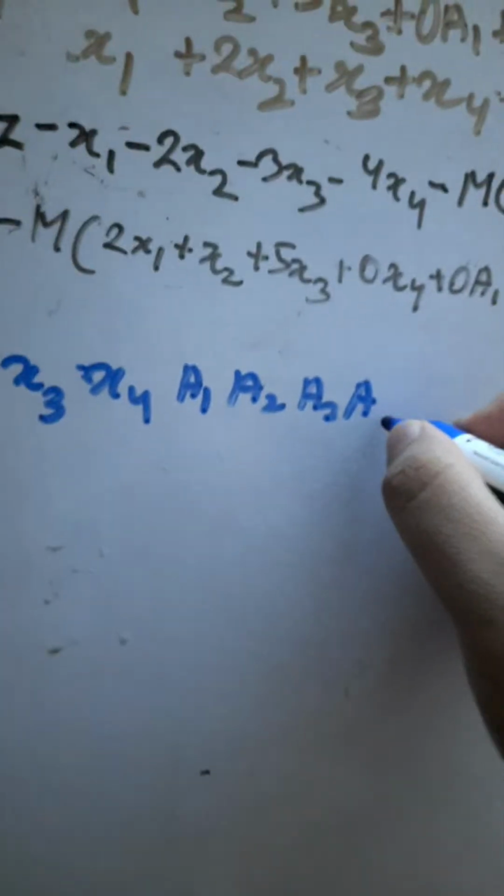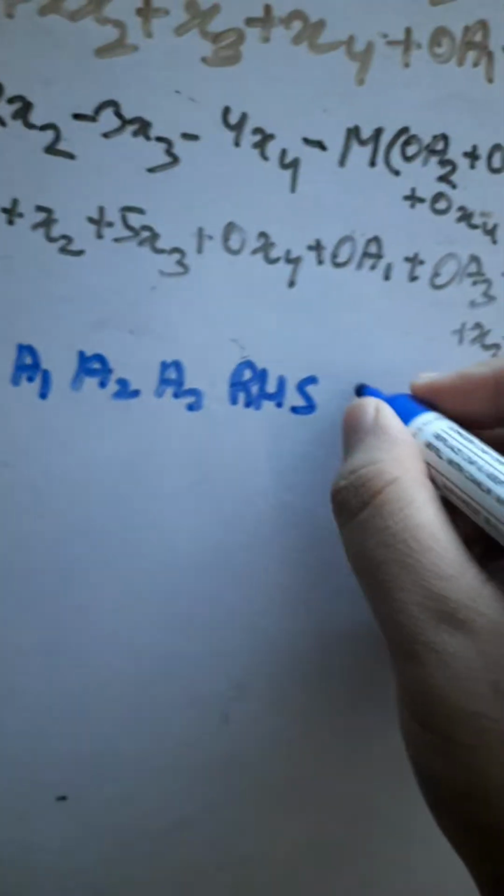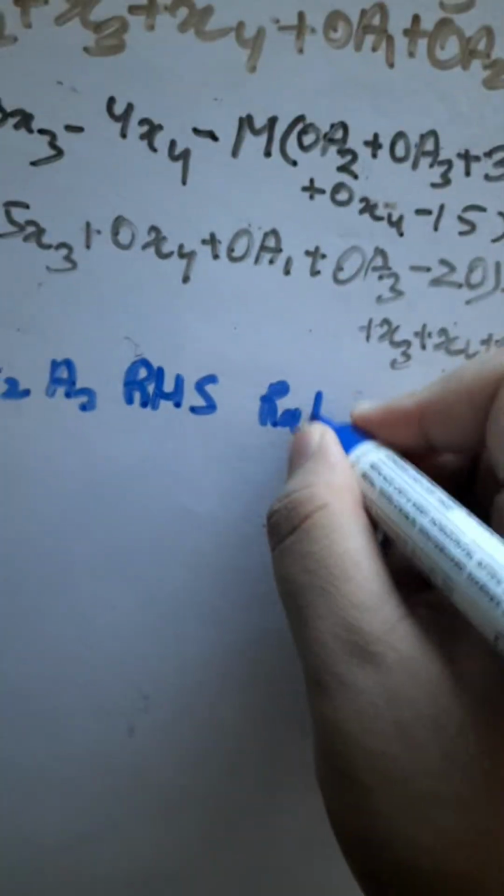By the way, this z equation is always equal to 0. Then RHS and ratio. Simple. Now it's totally like a simplex table, simplex LPP. Now Z has a C here. Okay.